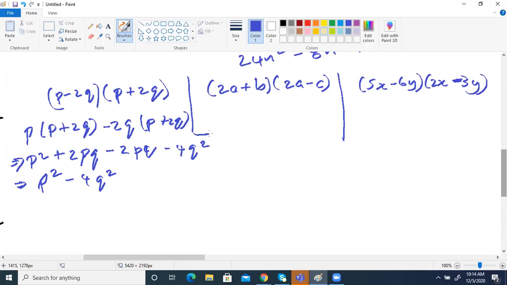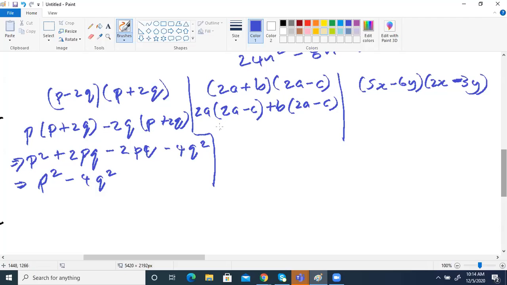All right, so let us see if we can do this one. What you got for it? I got 4a squared minus 2ac plus 2ab minus bc. Wow, a lot of different stuff. All right, let us see. So 2a times the second bracket and then plus b times the second bracket.